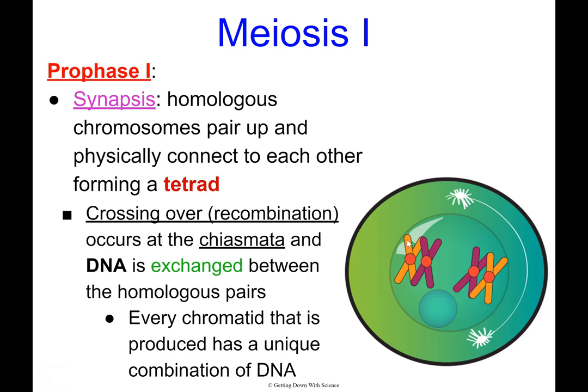We started off with 2 that were identical orange and 2 that were identical purpley color. But when we do crossing over, maybe you have one that's solid orange, and then another one that's orange with a little tip of purple. And you have a solid purple and a purple with a teeny tiny tip of orange. So every single one of them is going to be unique and different.